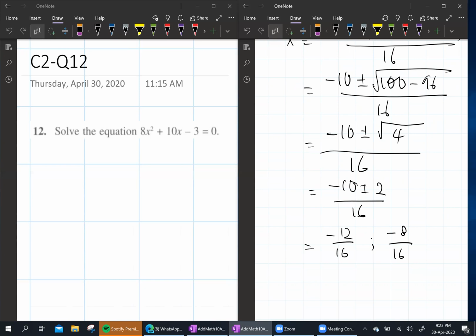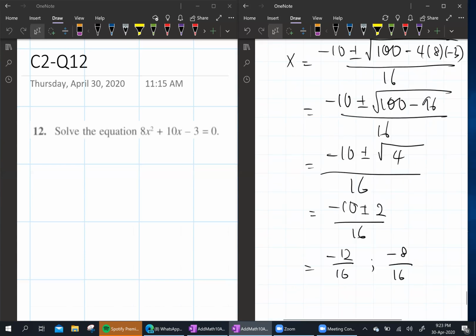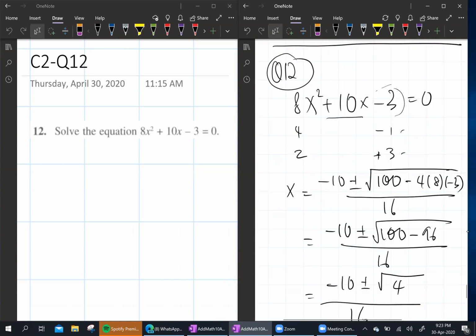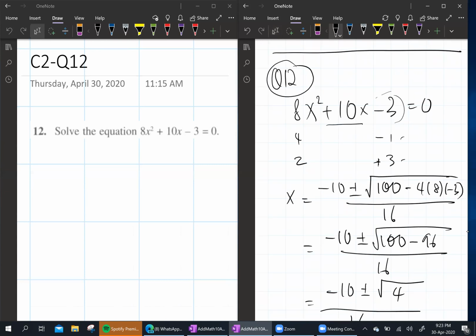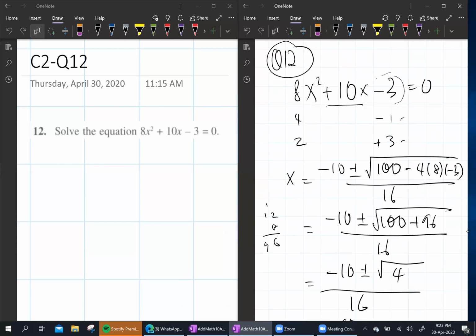Okay, teacher. But I don't think the answer is right. Let's check and see again. Minus 10 squared is 100, minus 4 times 3 is 12, 12 times 8 is 96. Oh, this is plus 96, not minus 96.